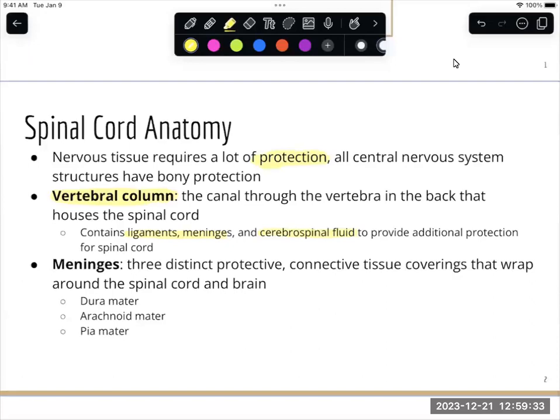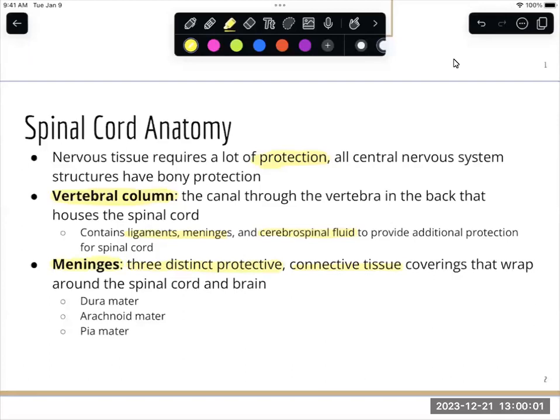for your spinal cord. These meninges are a protective layer found inside that spinal column. They're also found in the brain, underneath the cranium or that skull. There's 3 layers. They are made of connective tissue, and they're going to wrap all the way around that spinal cord or the brain.